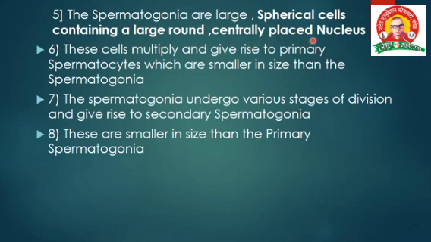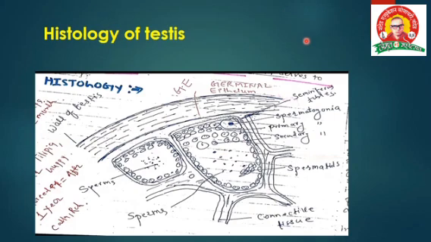Where is the spermatogonia? In this figure, that is the spermatogonia. Round nucleus is present. Then they divide into primary, secondary, spermatids and sperms. The process is going on. But spermatogonia are large, spherical, and at the central point the nucleus is present.